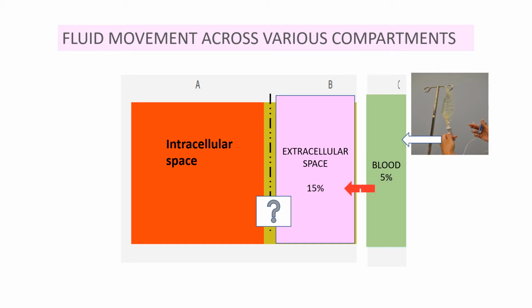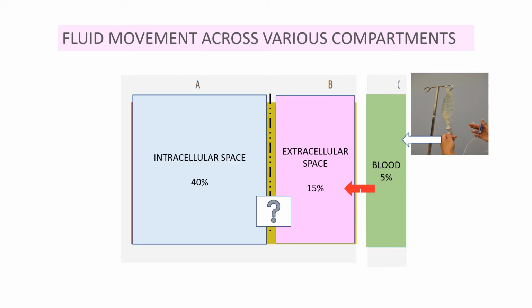Now you have given saline to the intravascular compartment, that is you have infused into the blood, and some of it moves into the extracellular space, and thereby there is equilibration between the extracellular space and the intracellular space, with fluid moving out from the intracellular space to the extracellular space to some extent, like I just told you in the last couple of slides.